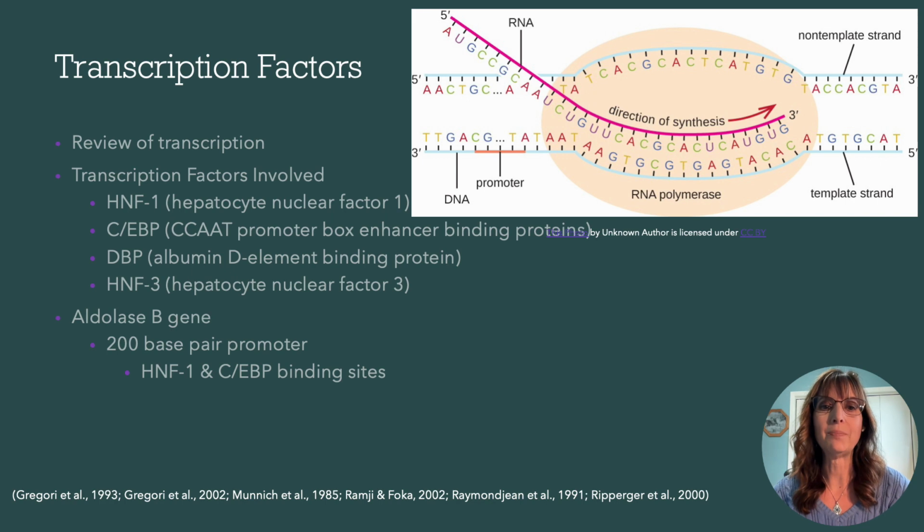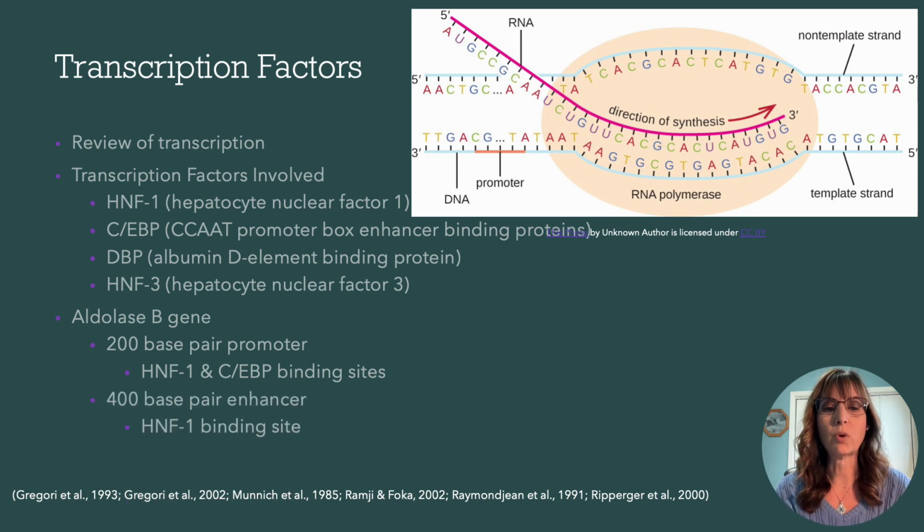Interestingly, aldolase B has a 200 base pair promoter region where transcription factors HNF1 and C/EBP can bind. We're also going to see later that HNF3 can also compete and bind at that site as well. There is also a 400 base pair enhancer region where the HNF1 can bind.